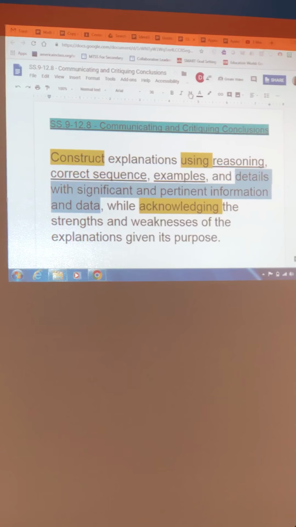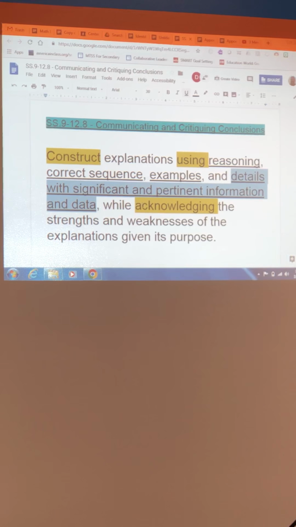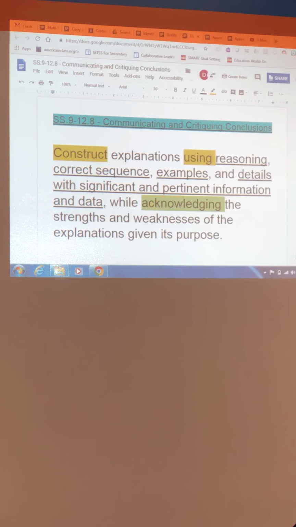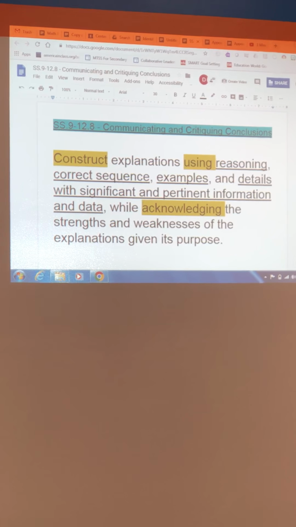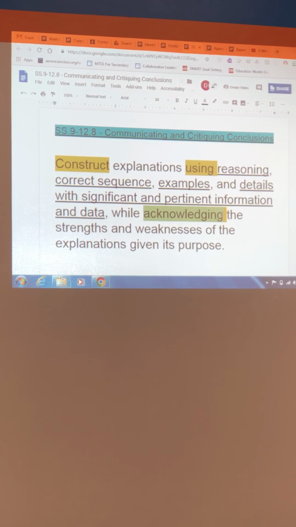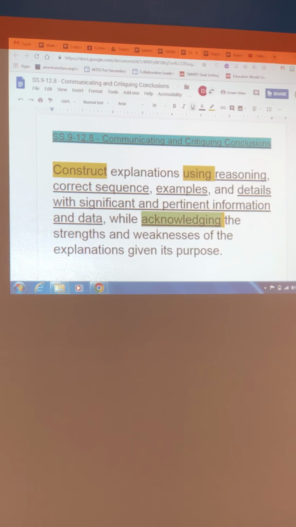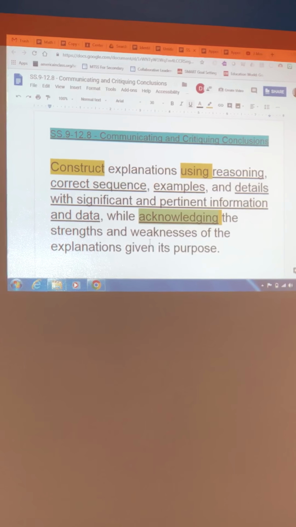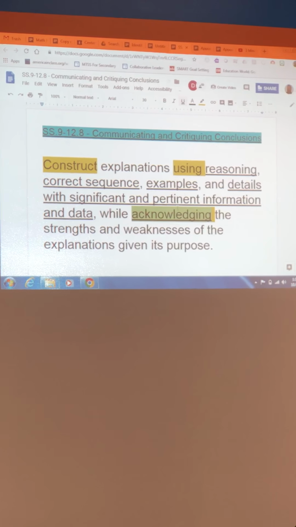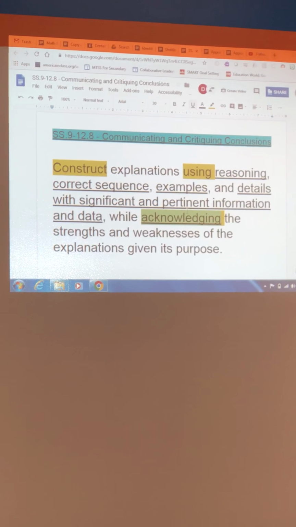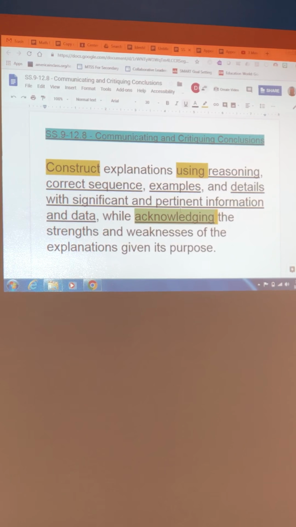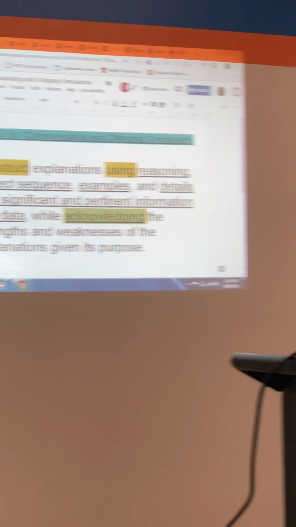All of that is underlined. We felt that, and I think this one, actually we did this as a team also at our district leadership, and we said we're going to have to teach them what acknowledging means. So those are the things that we said would require direct instruction, whether they're concepts, content, or vocab.